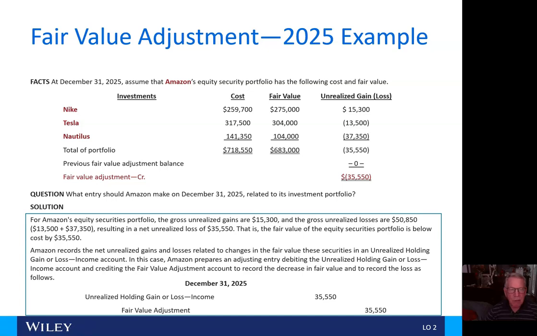That is, the fair value of the equity securities portfolio is below cost by $35,550,000. So I think it's pretty clear here. We're going to debit unrealized holding gains and losses dash income for the $35,550,000 and credit fair value adjustment for $35,550,000.